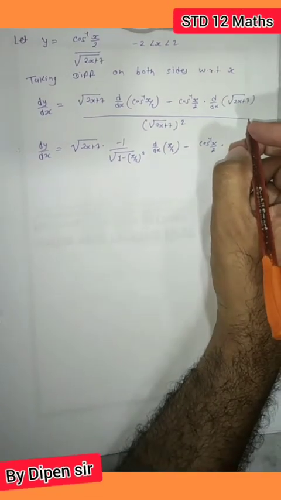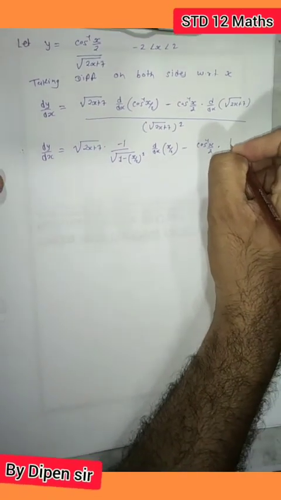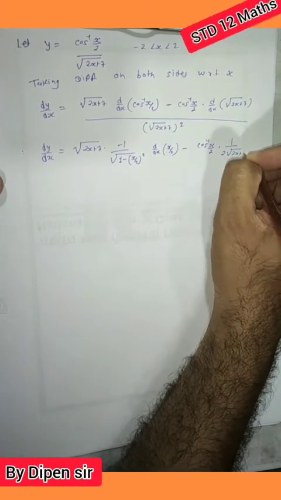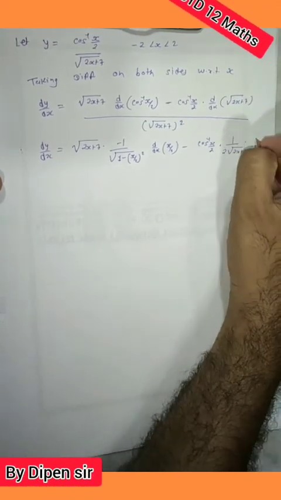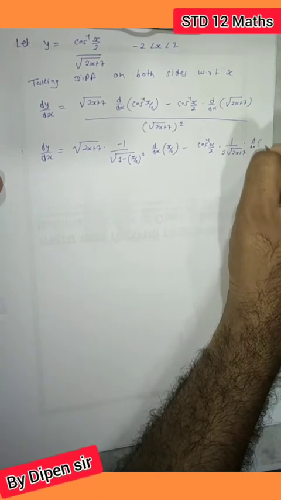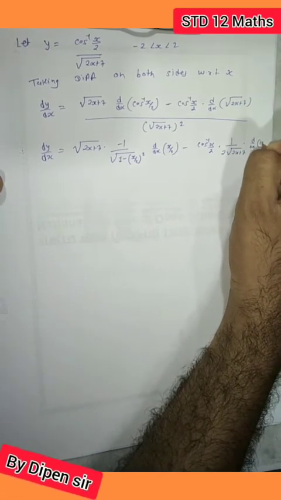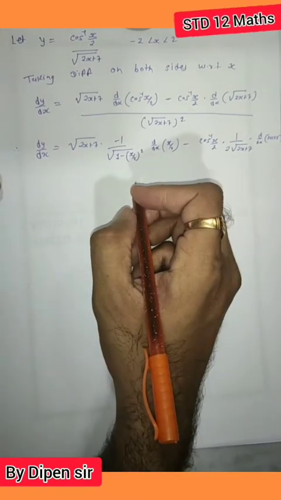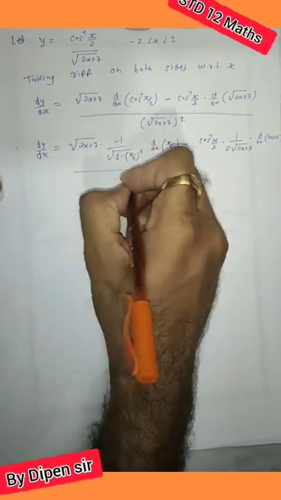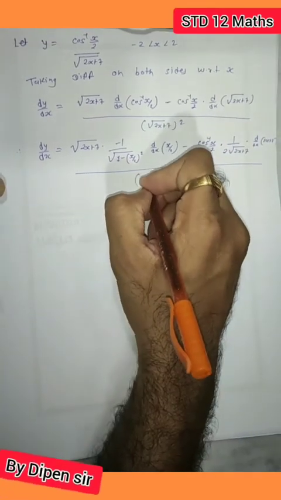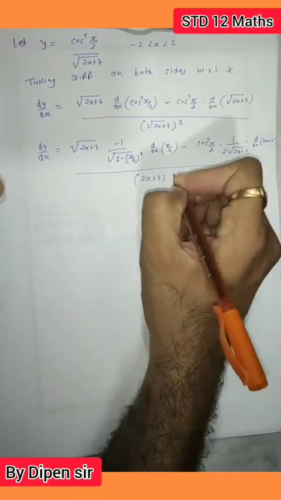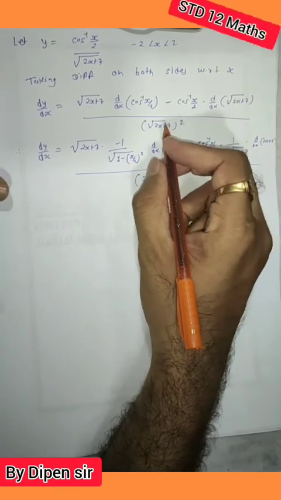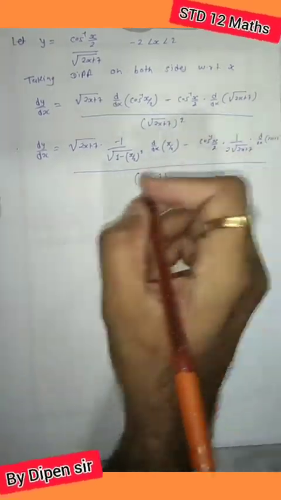The differentiation of root x is 1 upon 2 root x, so 1 upon 2 root 2x plus 7, and again the differentiation of 2x plus 7, whole divided by root 2x plus 7 whole square. So the square root and 2 will be cut.